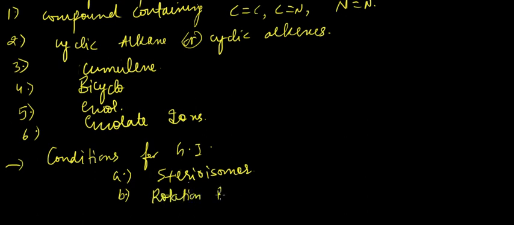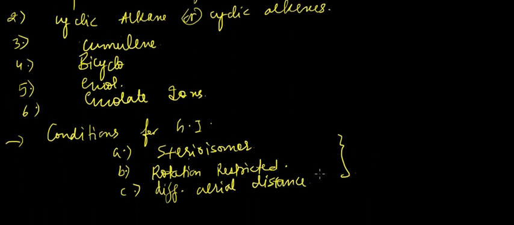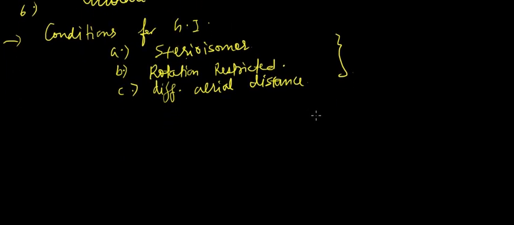And third, there should be some change in the areal distance of the substituents or groups attached to the compounds exhibiting geometrical isomerism. So we will talk about the implication of all these conditions and what I exactly mean by them.